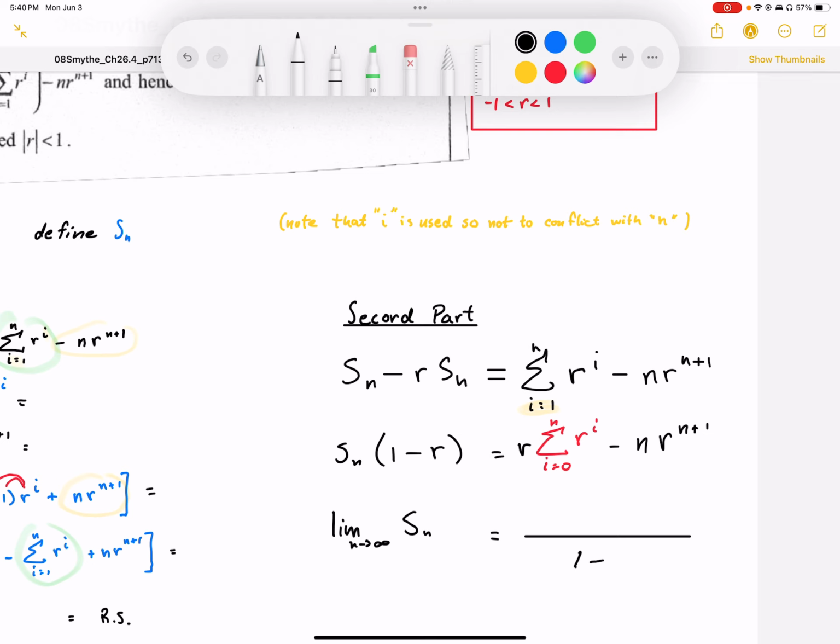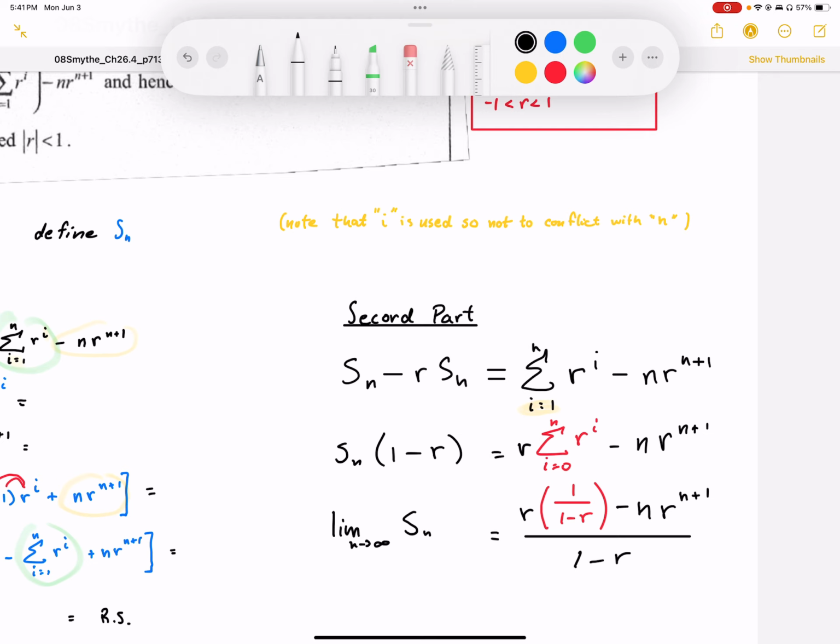I'm going to replace that red series with the function 1 over 1 minus R, because at infinity that is going to be the same thing. And we're going to take the limit also of this expression here, n R to the power n plus 1.